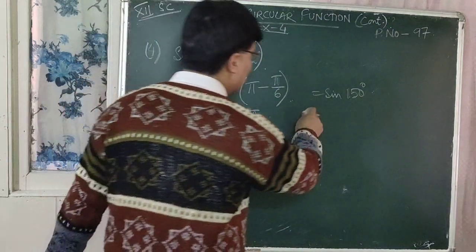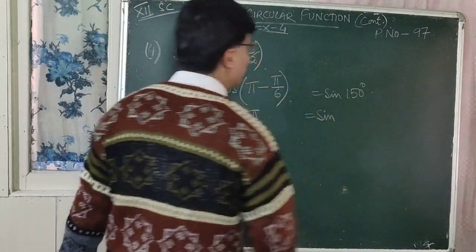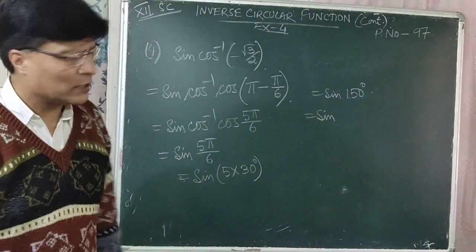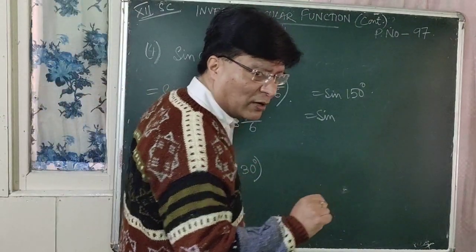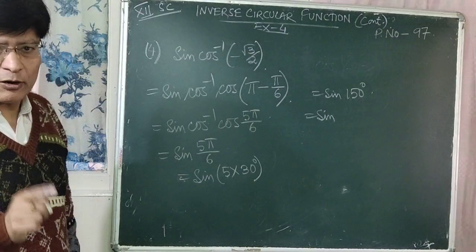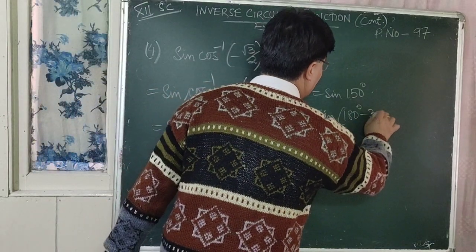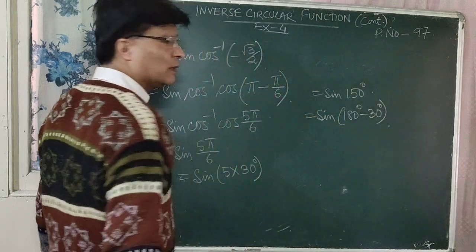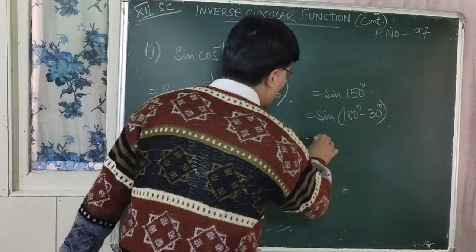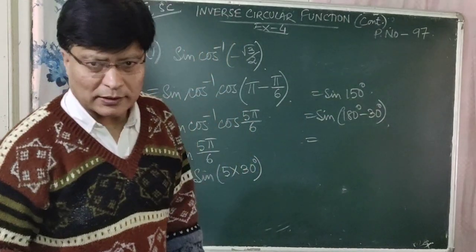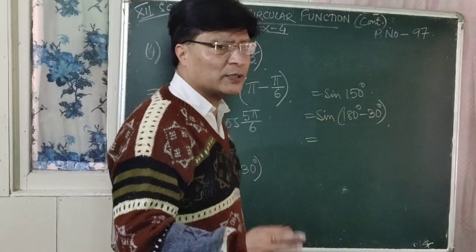Now let us find out its value. So how to write sine 150? 150 can be written as 90 plus 60 or 180 minus 30 degree. Is that right? So in which quadrant does it lie? It lies in the second quadrant. And in the second quadrant, sign is always positive.